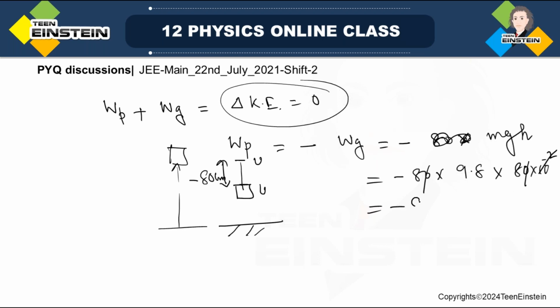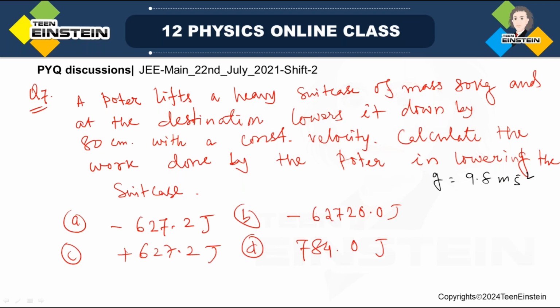So I have got 9.8 into 16, 8. What are the options?